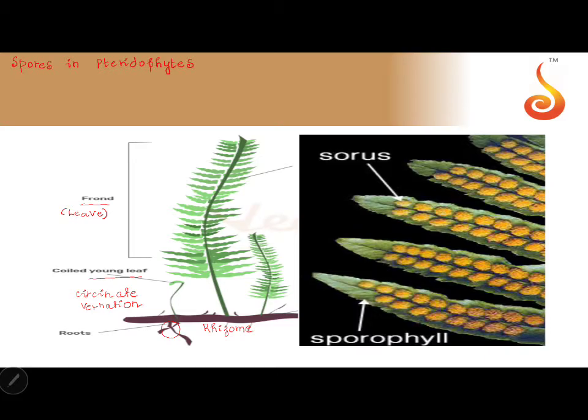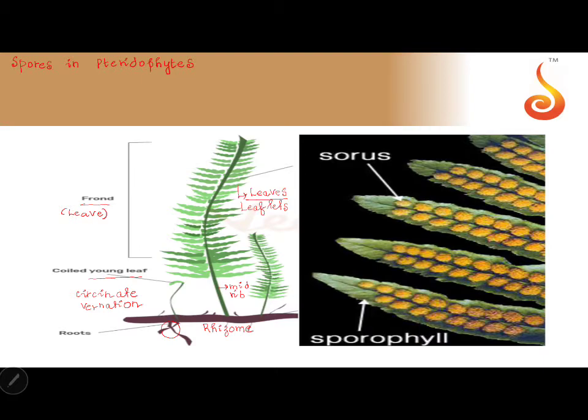Now you can see the frond, and what are these? The leaves and leaflets. And what is this? Midrib. So generally students think this is the stem and these leaflets are the leaves.